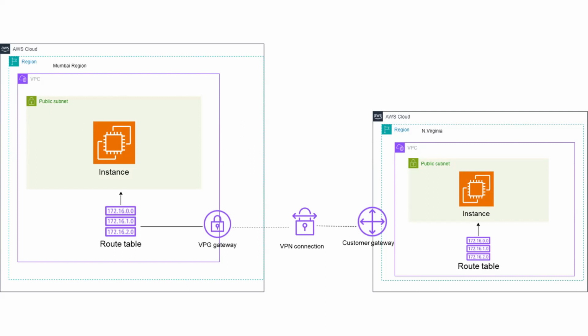A VPN gateway enables secure connection between your VPC and your on-premises network. Then is the VPN connection. It provides a secure tunnel that allows traffic to flow between your VPC and your on-premises network over the internet. So these are the resources which we are going to create by using Terraform.